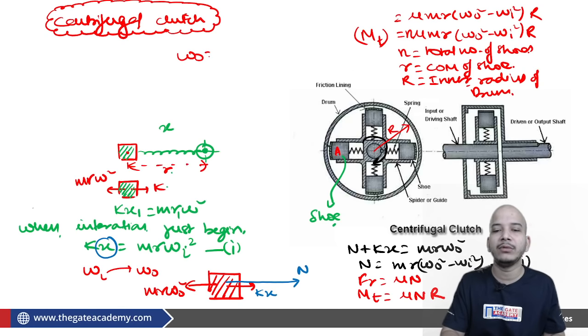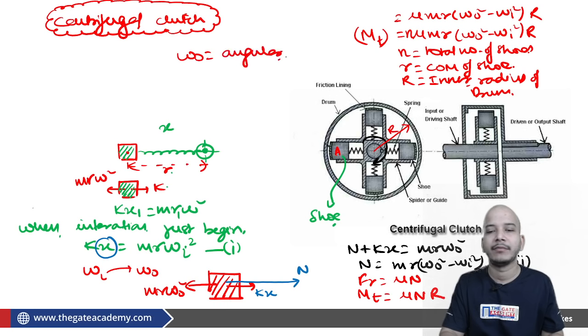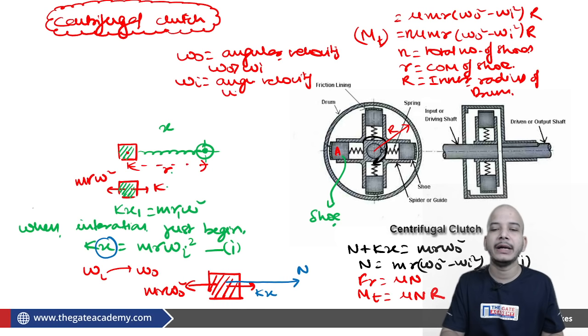Omega o is the angular velocity at the time at which we are talking about. This should definitely be greater than omega I. And what is omega I? Omega I is the angular velocity when the contact begins.